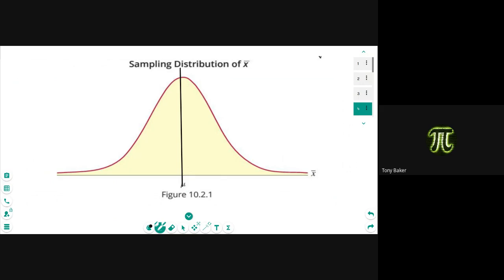No. So when we're looking at our calculations, that's my sample mean in the middle, and we're going to figure out where our population is going to be spread around it. The key is where is it going to be spread? How far are we going to be looking at on either side?